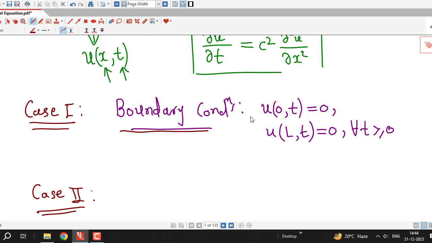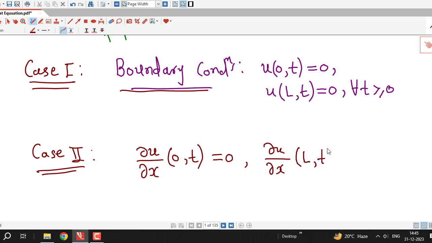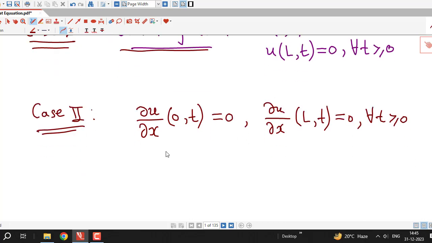In the first case, we assume that both the ends of the bar have temperature 0, and in the second case we assume that both the ends of the bar or rod are insulated, that is the temperature gradient del u by del x at x equal to 0 is 0, and the temperature gradient at x equal to L is also 0. This is for all t greater than or equal to 0.